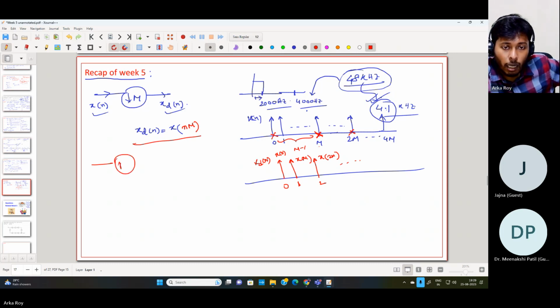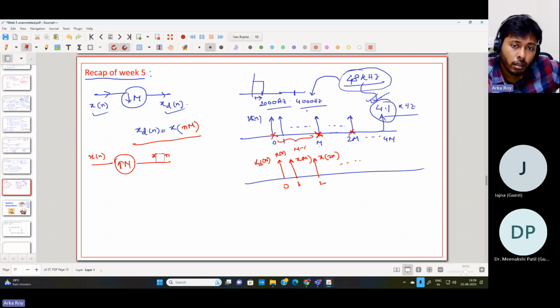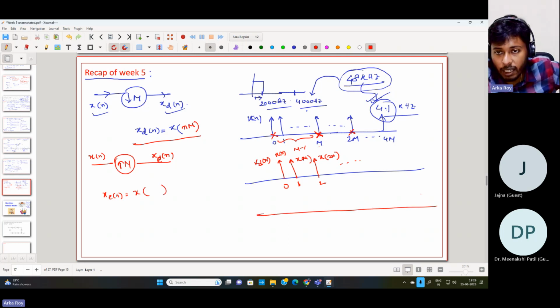In case of upsampling, this is the downsampling operation. In case of upsampling, if this is the input signal, and let's say the output is xe of n, or let's say xu of n, or expander also you can call it, how will xe of n be related? Here I can show you that I am upsampling the signals. That means within two particular samples, I will inject some zeros. Initially, let us talk about injecting zeros only.